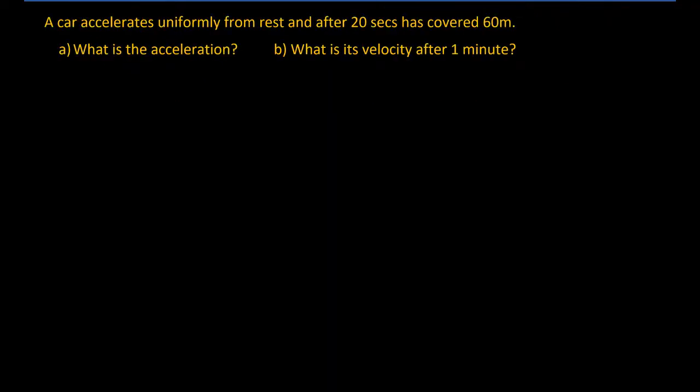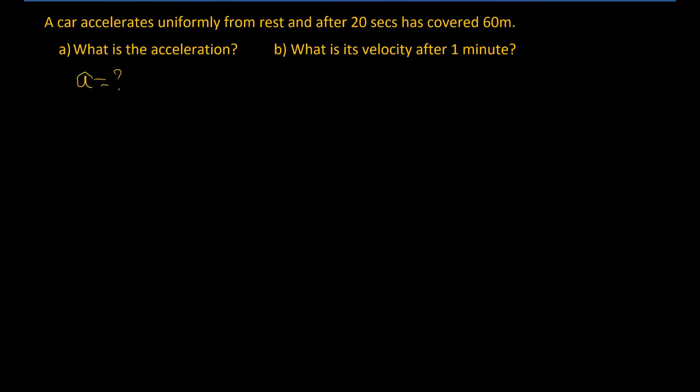Here we're told a car accelerates uniformly from rest and after 20 seconds has covered 60 meters. We're asked first of all to find out what is the acceleration. So the first thing you want to do is identify what information you've been given and what it is you want. So you want to come up with those Suvat letters. That will help you decide which equation to use. So we want the acceleration.